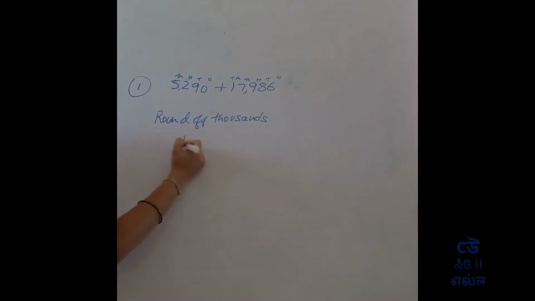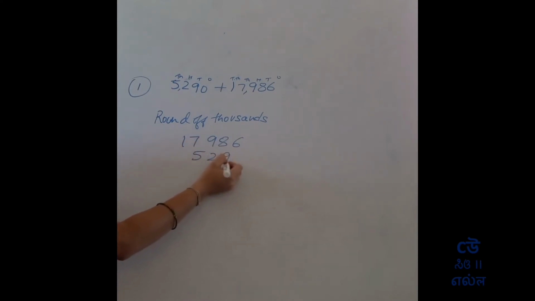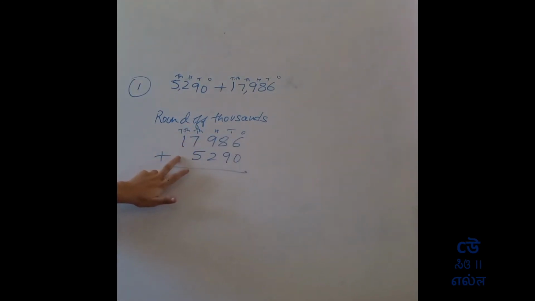The greater number is 17,986. Next is 5290. See children, you have to write the numbers carefully below that place value itself. Here 10,000 is not there in this number, so you leave that blank. Write carefully. Otherwise it will take a long time, so we round off these numbers to the thousands place.